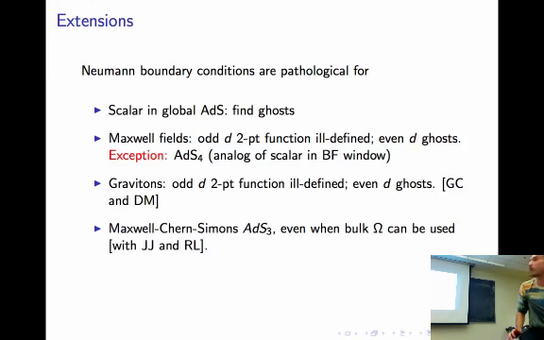What we're going to do is consider what can be interpreted as a UV cutoff. From the holographic point of view, the radial direction is interpreted as an energy direction. So instead of considering the full AdS space, we're just going to put a wall at a finite distance from the boundary.